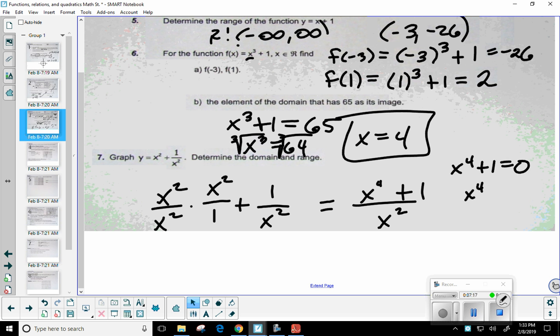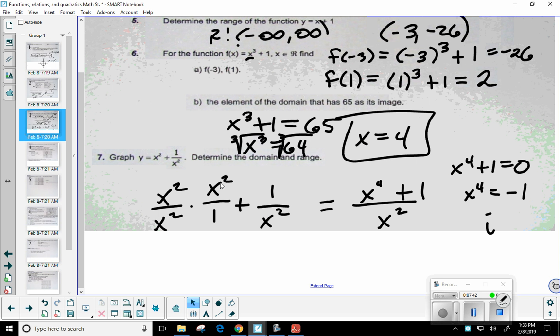Well, what do you notice as soon as I subtract the 1 over? How would I get an x from x to the 4th? Take the 4th root, but I'm taking an even root of a negative number. So it goes imaginary. So what's that telling me about x-intercepts? This graph should not be crossing the x-axis.